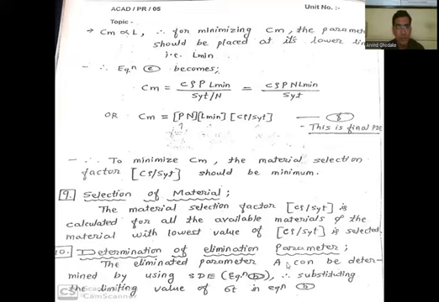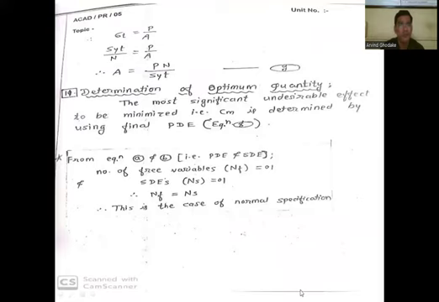The eliminated parameter A can be determined by using the SDE equation B, substituting the limit value of sigma T in equation B. Therefore, sigma T is equal to P upon A. So SYT upon N is equal to P upon A. So we will get the area A equal to P N by SYT.